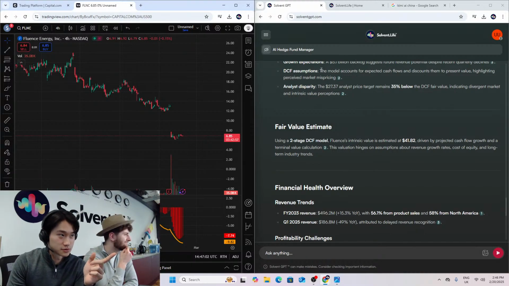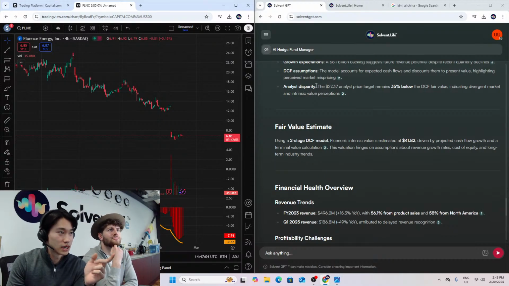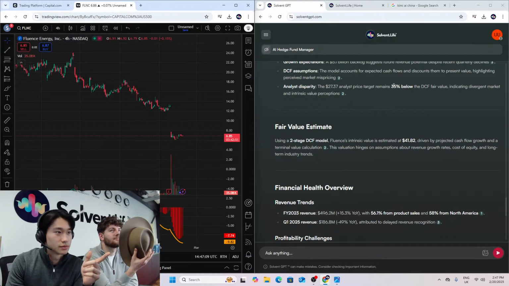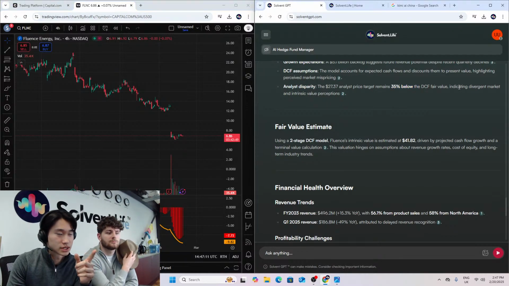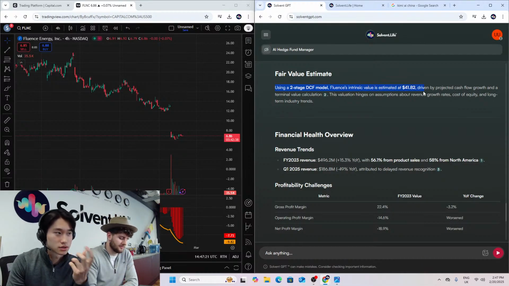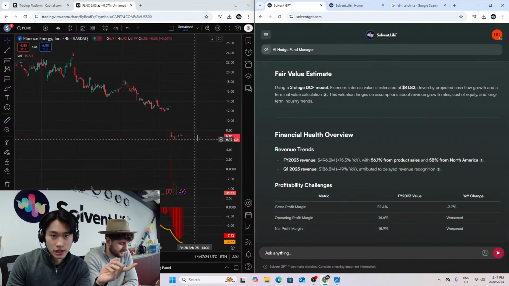Discounted cash flow assumptions, analyst disparity. It remains 35% below discounted fair value. Using a two-stage DCF model, Fluence's intrinsic value is estimated at $41, and we're currently at $6.